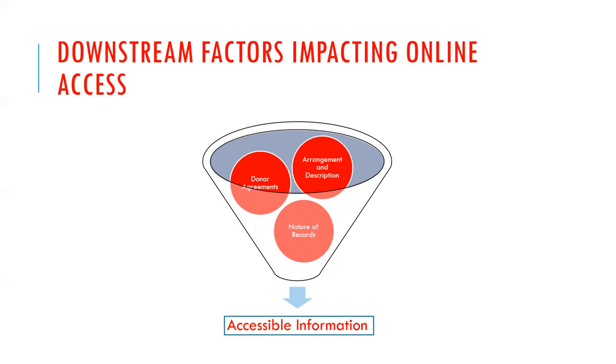So just knowing what the file formats are, knowing what the plan for providing access to these files may be, and it may be that the records are on a format that really isn't compatible with online access, and an archivist may decide, well, you know, that really decreases some of the value of the records, or we could theoretically provide online access to these records, but it's going to be really resource intensive, so we're not going to take these records.